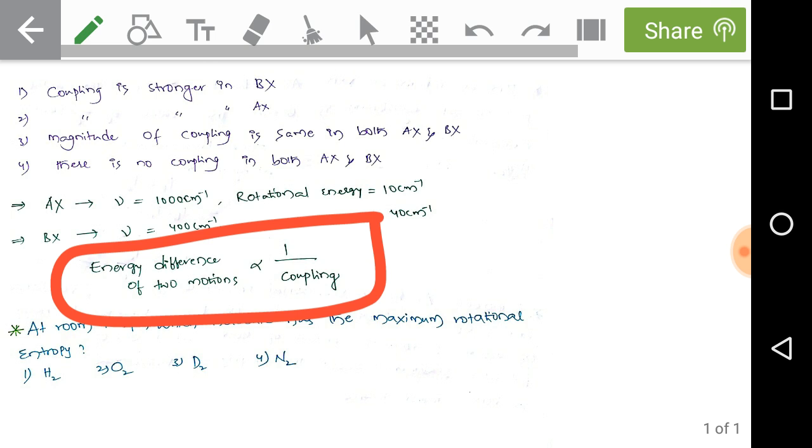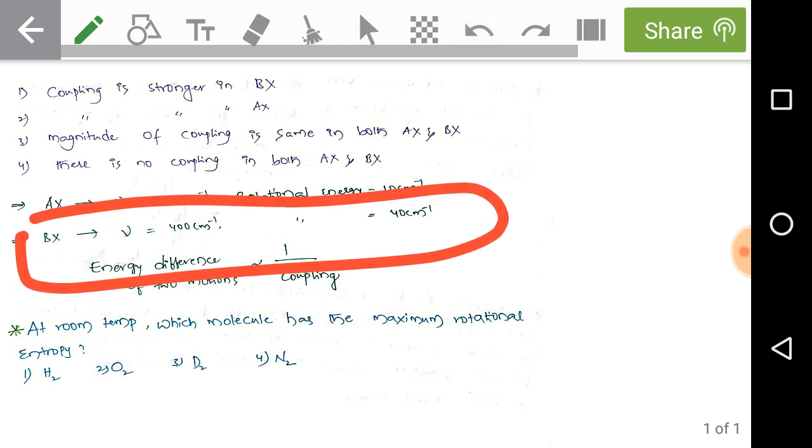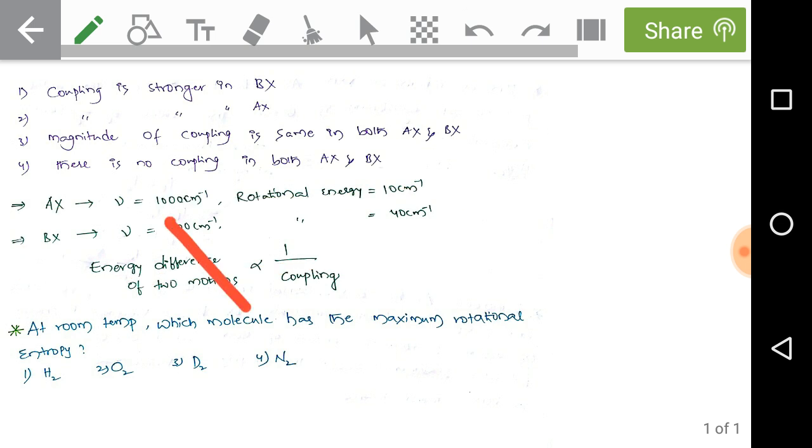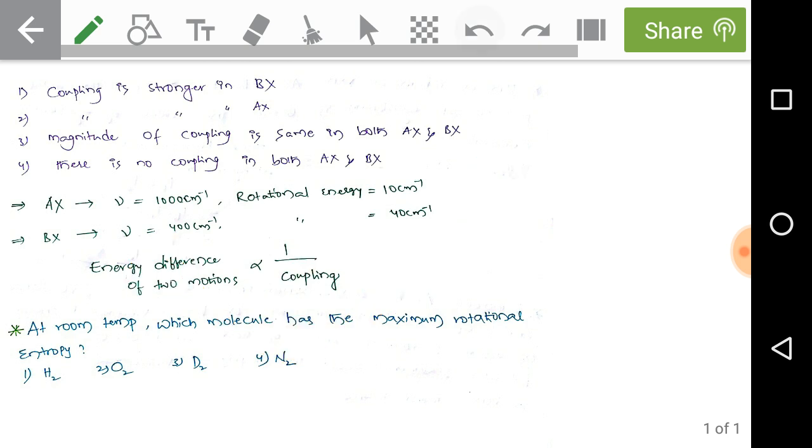From this concept, the energy difference of two motions inversely relates with coupling. For the BX molecule, the energy difference of the two motions is less when compared with the first molecule, AX. Whenever the energy difference is small, coupling will be maximum. So coupling is stronger in BX. So the first option is the correct answer.